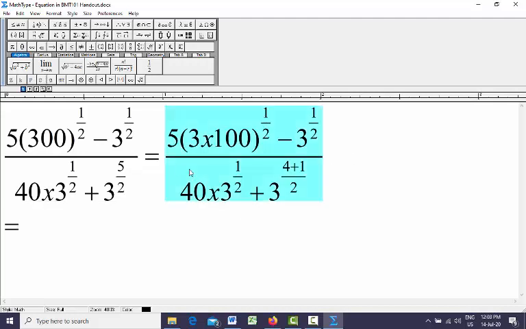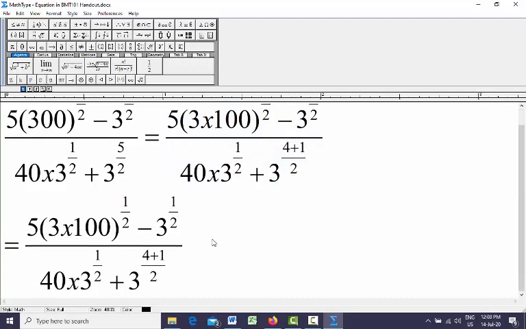So now what we will have here, as you can see, we have a bracket here, and on top of the bracket we have a power. So this power will be applicable to 3, and also this power will be applicable to 100. So now we will distribute this power to each of the elements inside the bracket.